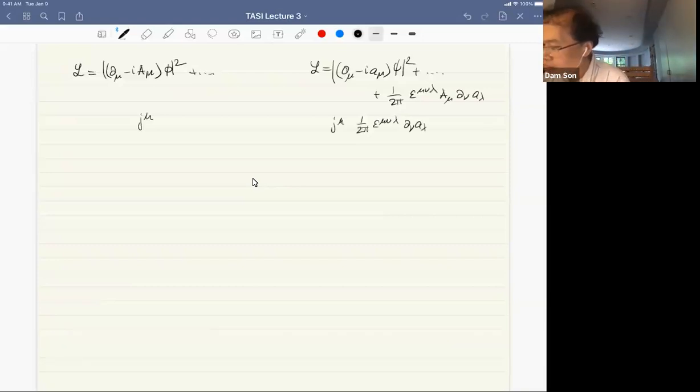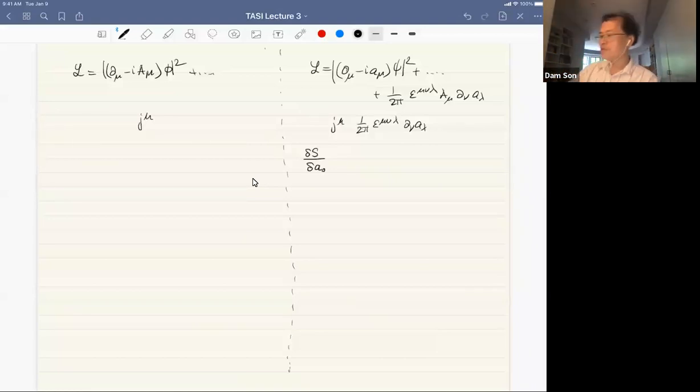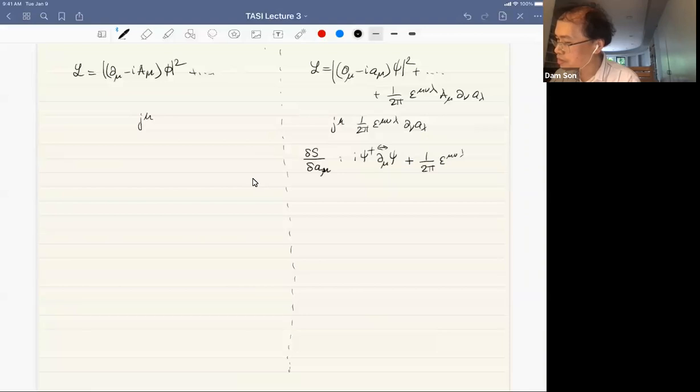Okay, so now let's look at one equation of motion on the right-hand side. Imagine that you take the action and differentiate with respect to A mu, let me just take A0. Then I have this psi dagger d mu psi. I'm not sure I get the coefficient right, I think this is the right coefficient. Plus 1 over 2 pi epsilon mu lambda d mu a lambda equal to 0.